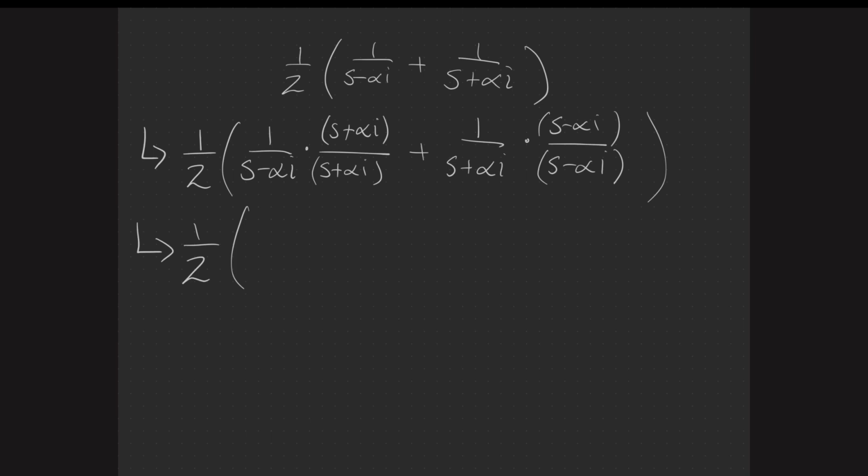This then gives us s plus alpha i plus s minus alpha i all over s minus alpha i times s plus alpha i.